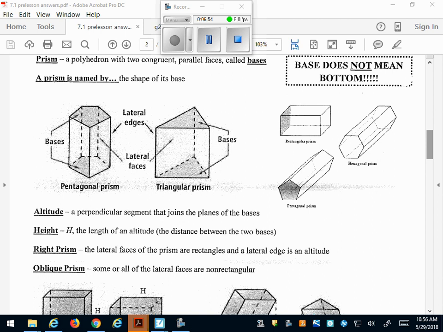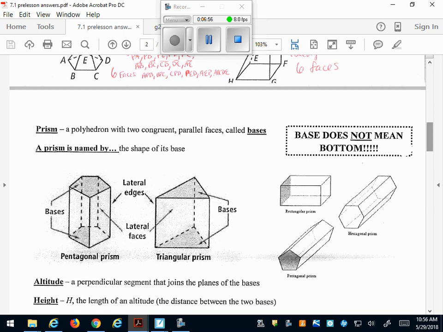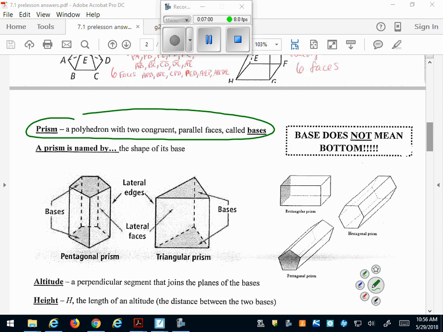Okay, so let's define prism. This is a really important definition. A prism is a polyhedron with two congruent parallel faces. Two congruent parallel faces called bases.